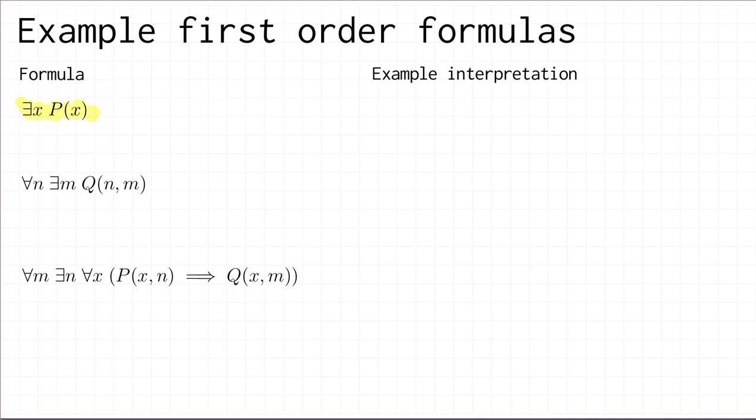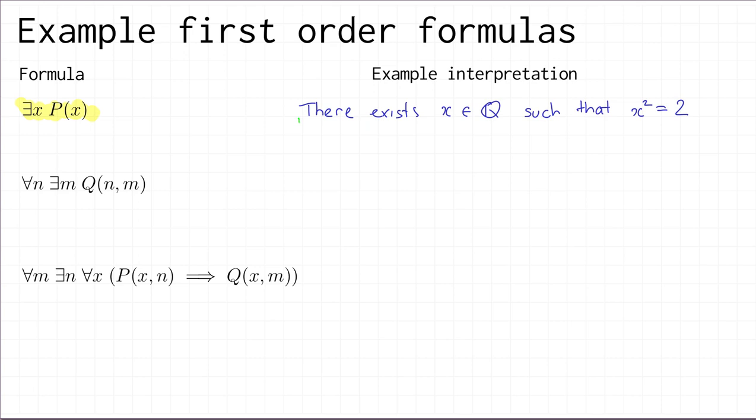So an example interpretation of a formula like this would be there exists x in Q, so that is a rational number, such that x squared equals 2. And I'm going to say which bit of the formula corresponds to which bit of the interpretation here. So let's just match these things up.